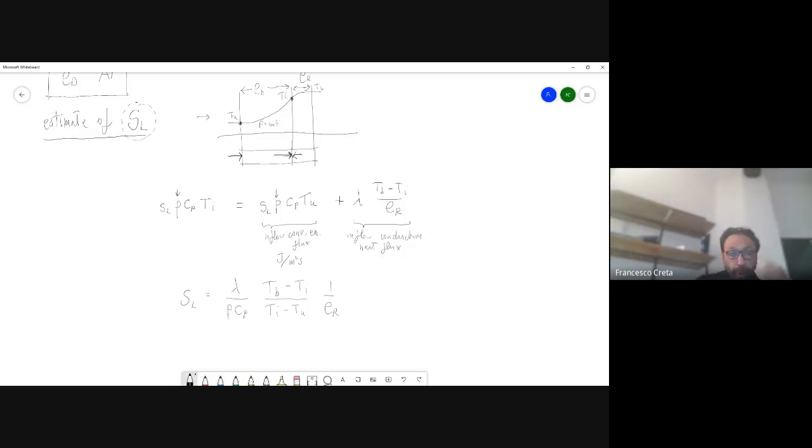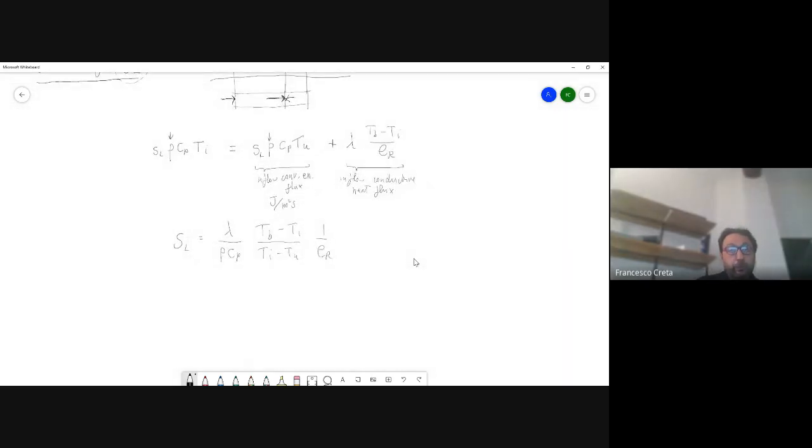Let us concentrate for a moment on this ratio here. How do we express it? Well, Tb minus Ti from the previous analysis was Tb squared over Ta. On the other hand, Ti minus Tu, we assumed was very close to Tb minus Tu.